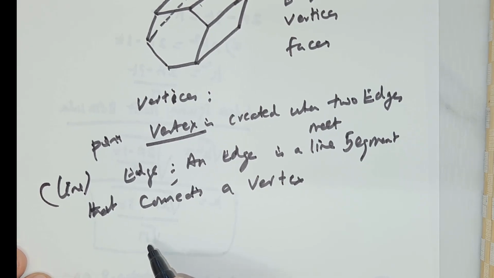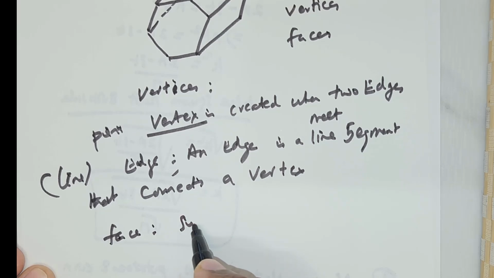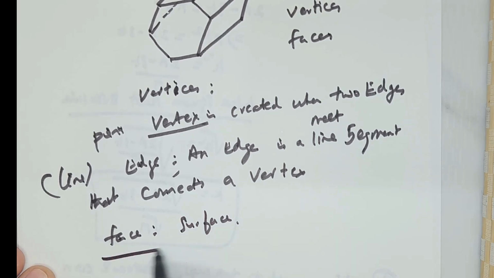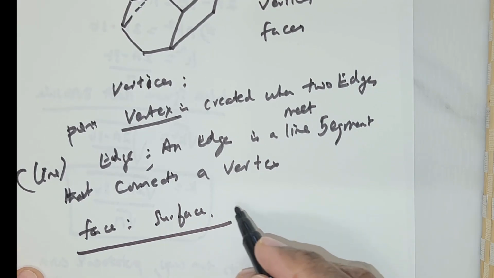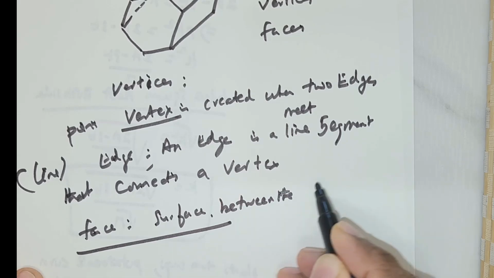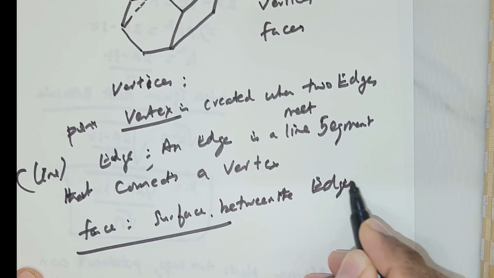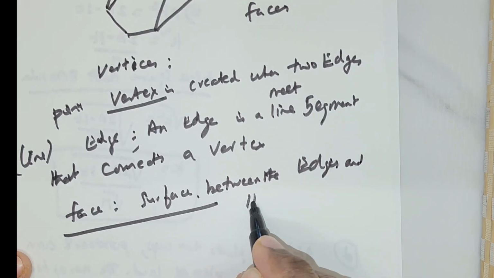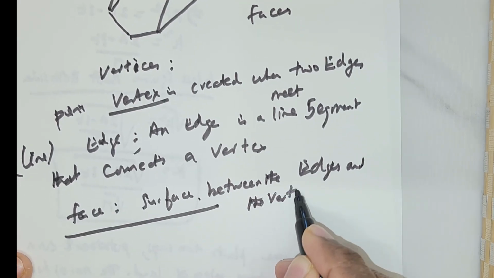Now of course you know, a face is actually the surface between the edges and the vertex or vertices.